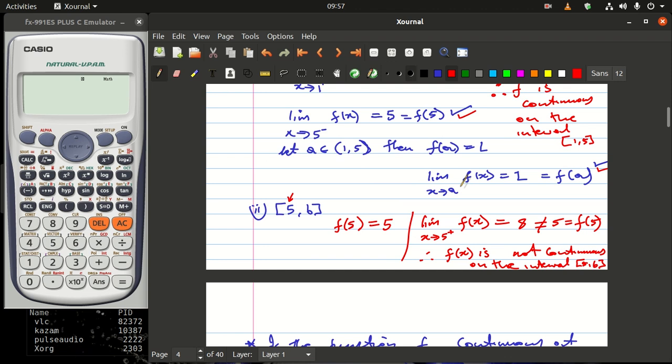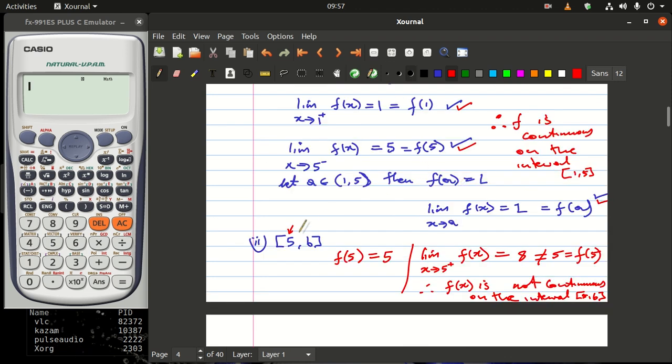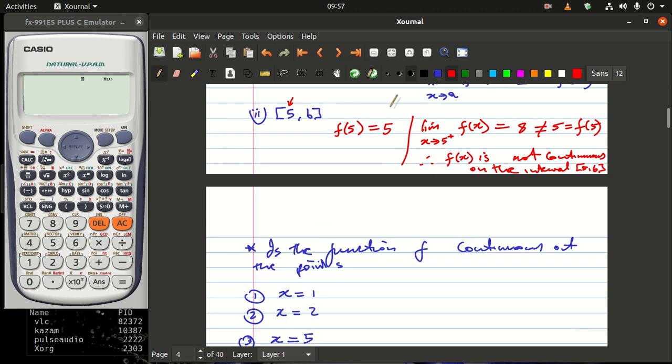I am not saying that whenever you are given an interval, you must always have the square bracket. Sometimes someone might just ask, is this function continuous on this interval 5 to 6? In order to solve this, you have to realize the meaning of these open brackets.